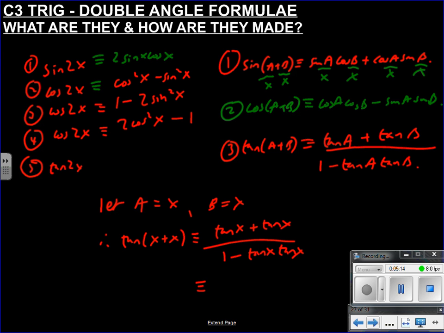So on the top we get 2 tan x, and on the bottom 1 minus tan squared x. 2 tan x over 1 minus tan squared x.